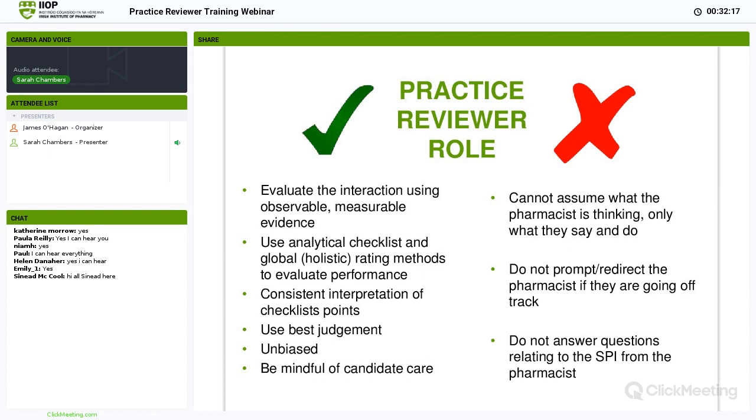Important not to answer any questions relating to the SPI from the pharmacist. So sometimes I know if your station is quite often done under the 8 minutes, pharmacists may want to start a conversation with you. So I suppose just to be open to friendly collegial talk, but to make sure we're not talking about the SPIs. So that's just a little reminder of what the role is.